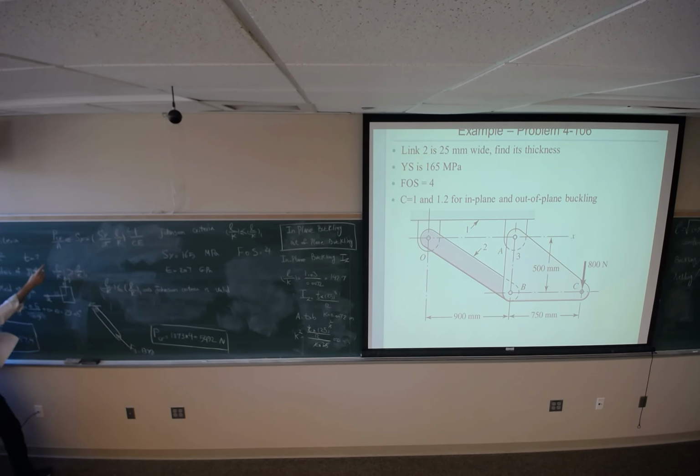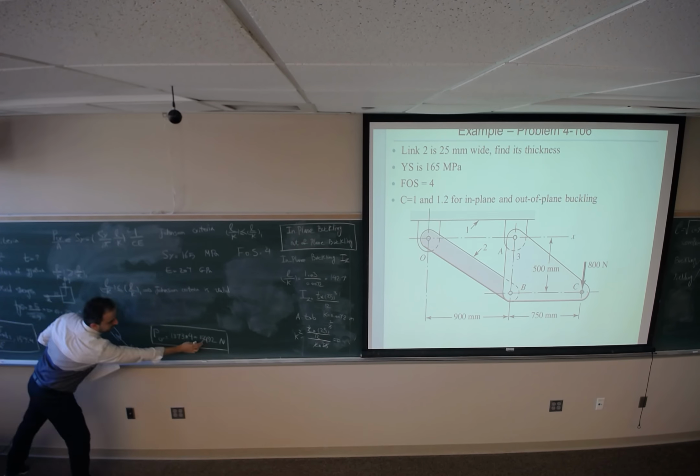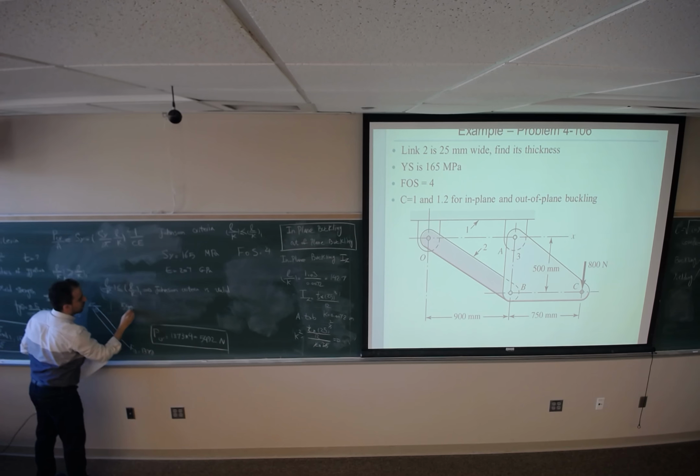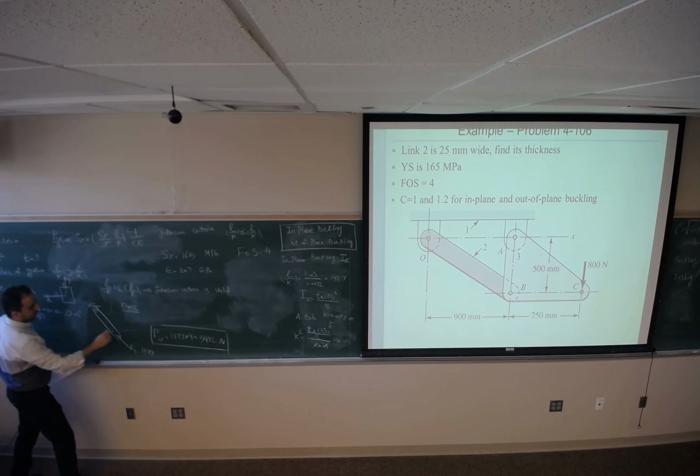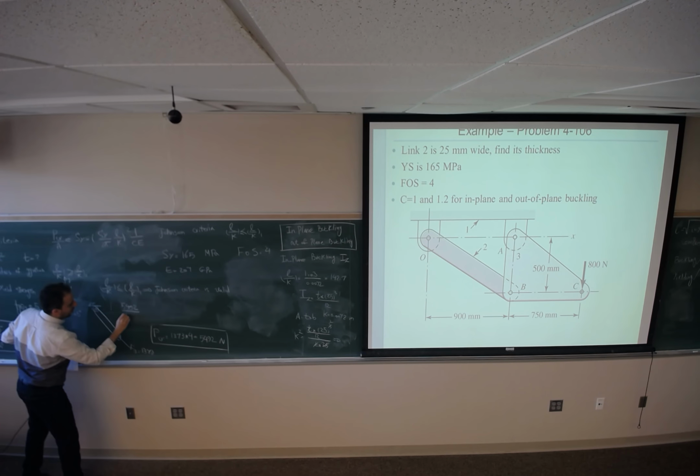So left side, P critical over A. P critical should be this, 5492 divided by area, which is T times 25.